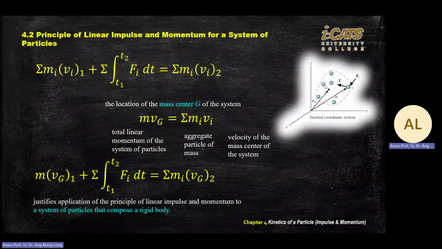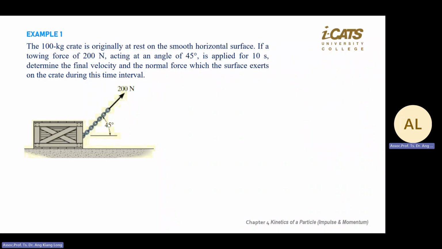Okay. Now we apply what we learned. You have seen this question before in your chapter 2. You can solve this question with the chapter 1 equation, which is you convert this diagram into a free body diagram.